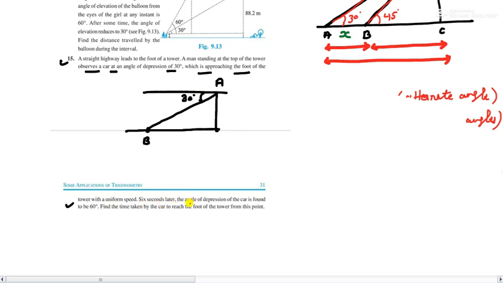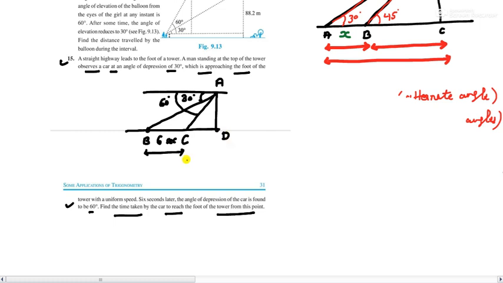6 seconds later, the angle of depression of the car is found to be 60. It means it moved somewhere over here. We don't know the point, so let me name it as C. But this angle is now 60 degree. Time it's taking is how much? 6 seconds. They have given it in seconds, not meters. Now find the time taken by the car to reach the foot of the tower from this point.